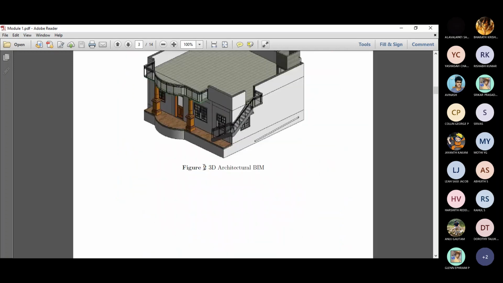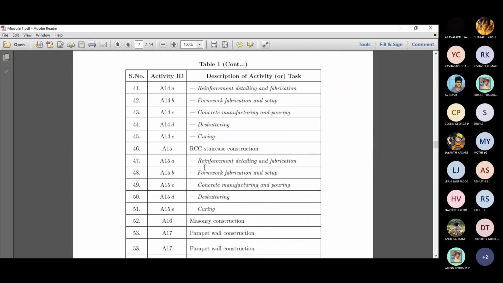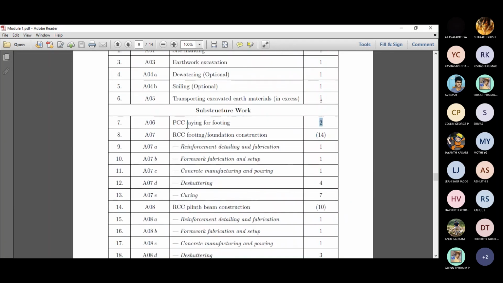I will be requiring just 2 days of 16 hours, right? So this is laying only. It is not curing, right? Curing takes time. So after laying, you leave it for 24 hours or 48 hours, depending upon that, right?